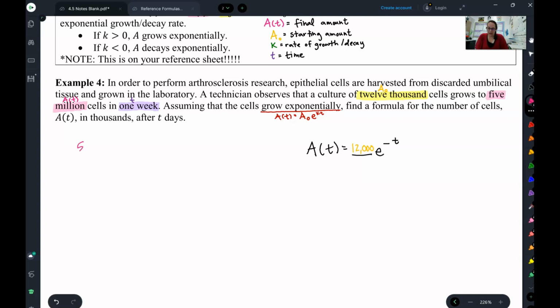So I know I end with 5 million cells. I start with 12,000 cells. Then I have e to the K times T. I do not know what K is. That's what I'm trying to find right now, so I can plug it into my formula. And it says T should be in days, so that means 1 week. I'm going to put 7 because I want T to be in days.